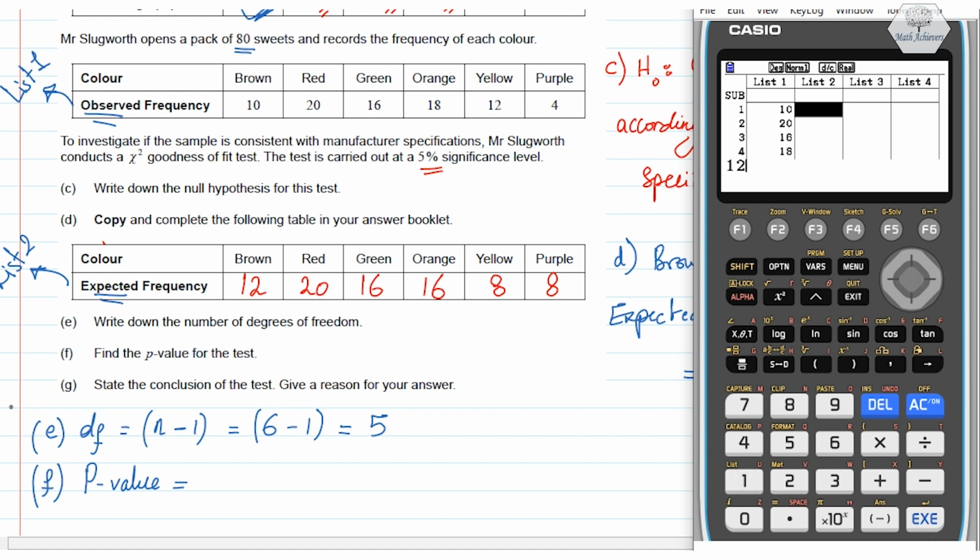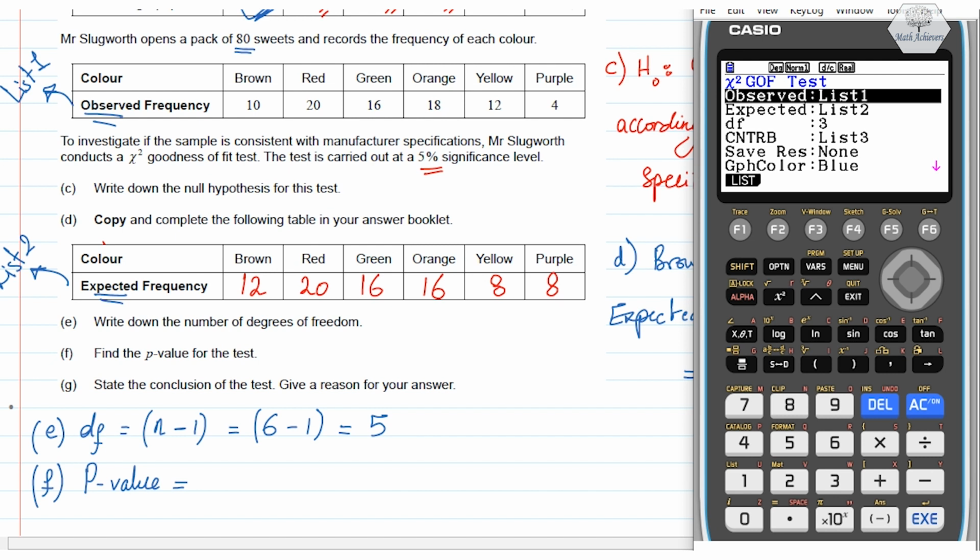Let's fill list 2. It's 12, 20, 16, 16, 8, and 8. Now we go to test, we go to chi, and we select GOF, which is the goodness of fit test.